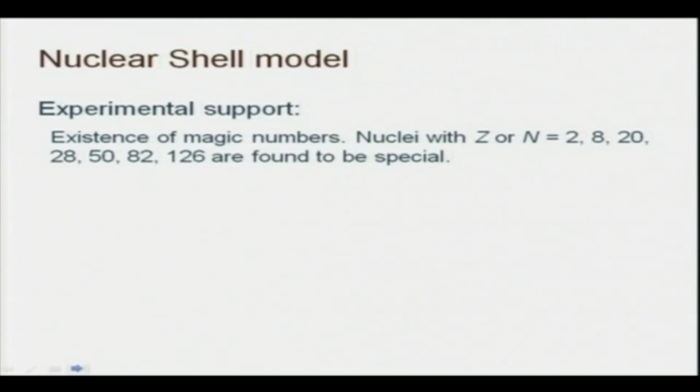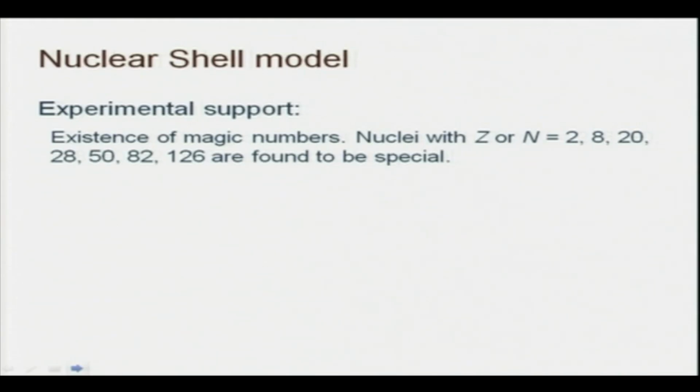And the answer is yes. When we consider different isotopes, we see that nuclei with proton number Z or neutron number N equal to 2, 8, 20, 28, 50, 82, etc.